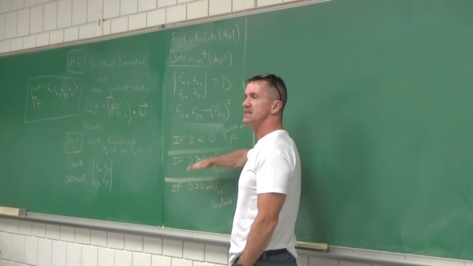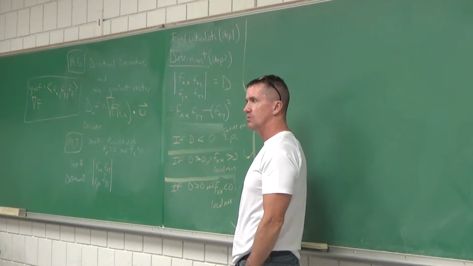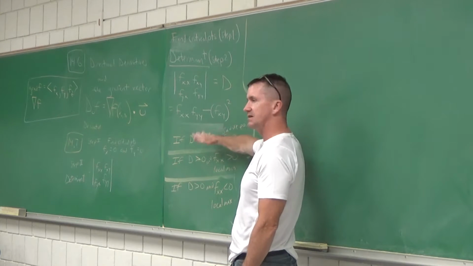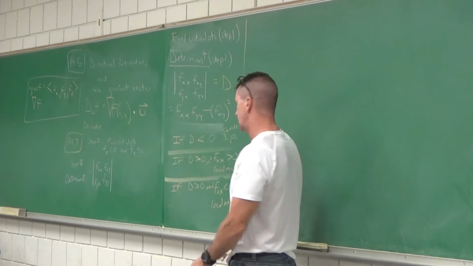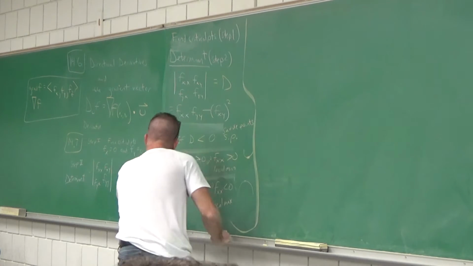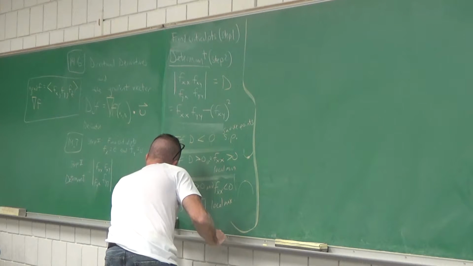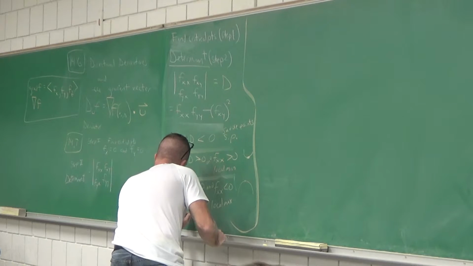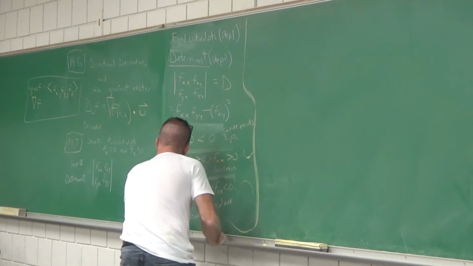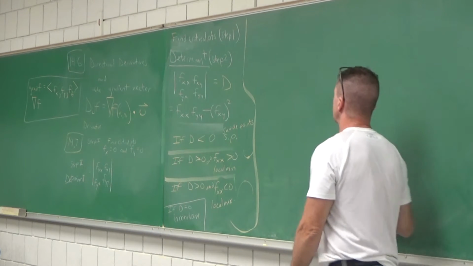It means this test is inconclusive there. Cool? So if you want to add that to this, you can. If D equals 0, here, I'll put it right here. I got a little room. If D equals 0, it's inconclusive, right? This whole test. We're going to explore that next some other way.